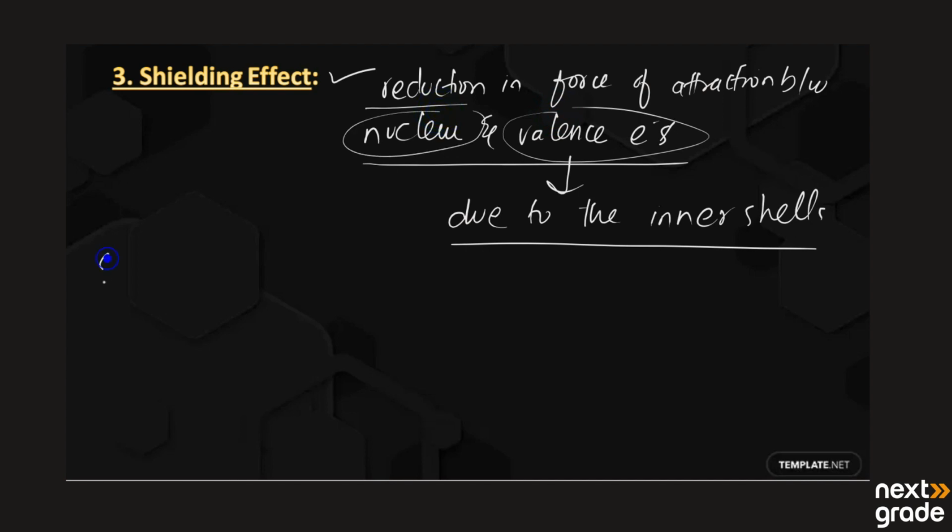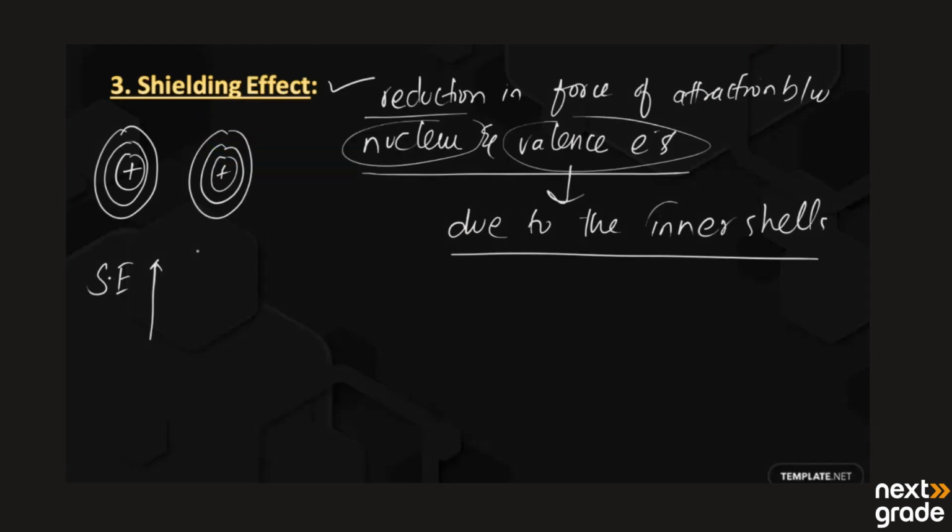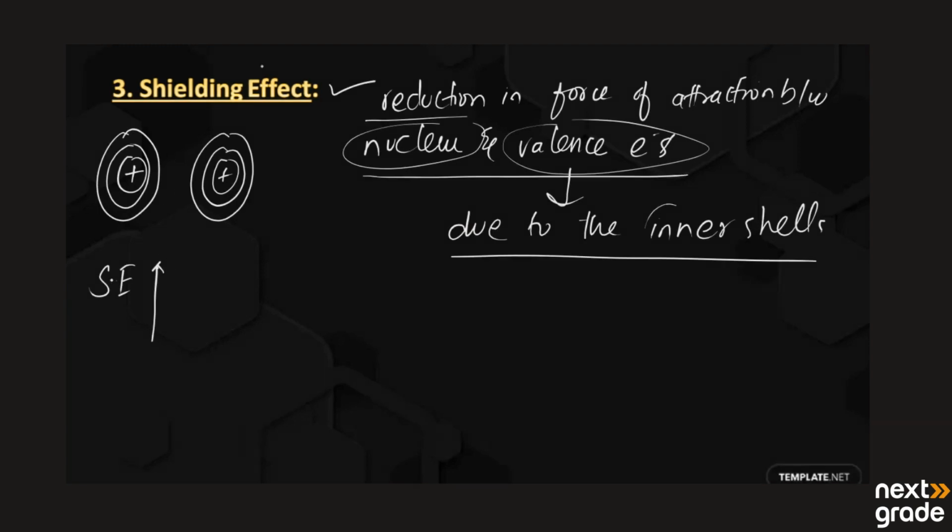When the shielding effect increases, it means more inner shells are added, so the valence shell is going away from the nucleus. For example, if an atom has four shells, the distance between the nucleus and the valence shell increases.